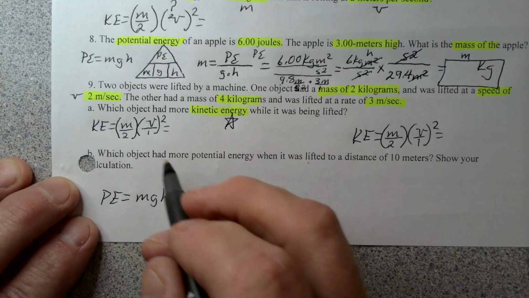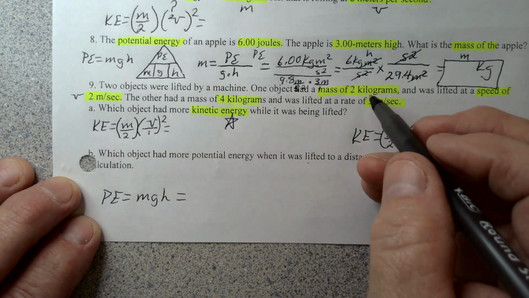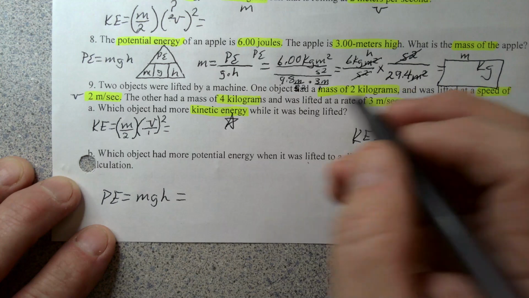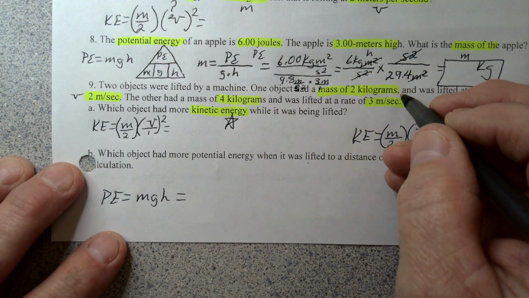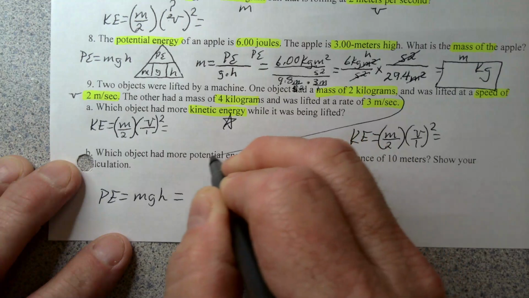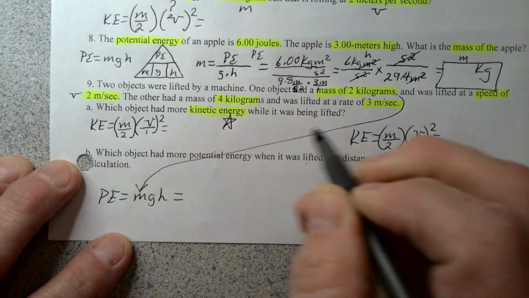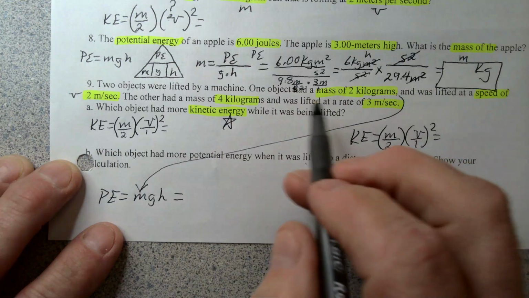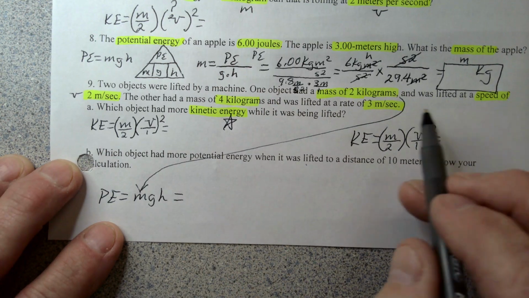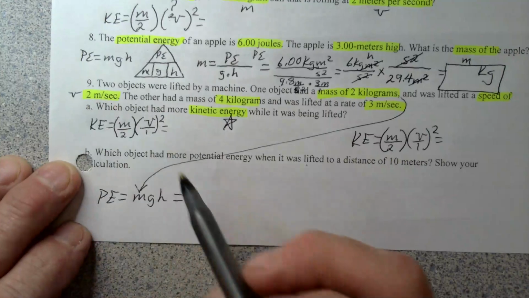And we know the mass of the object because it's up here. So if we were to do the first one, you would take the mass, and that goes here.